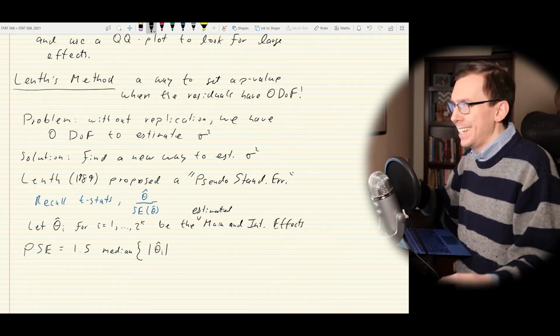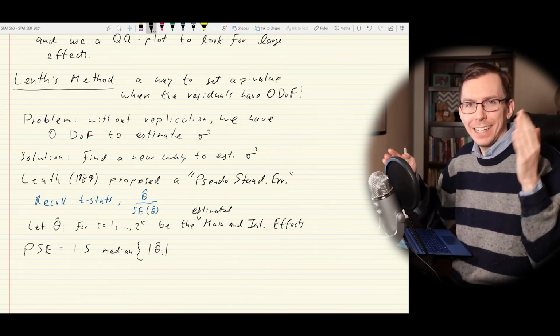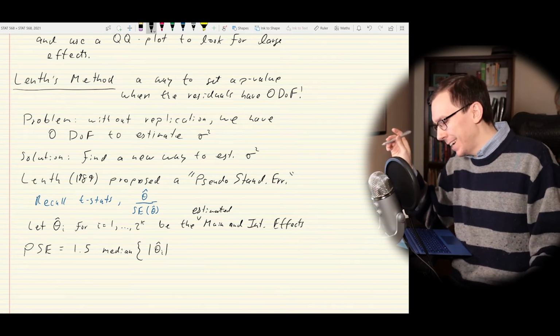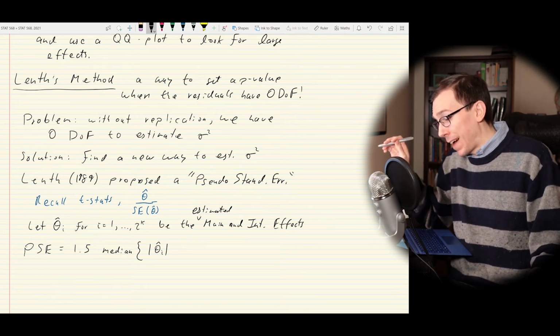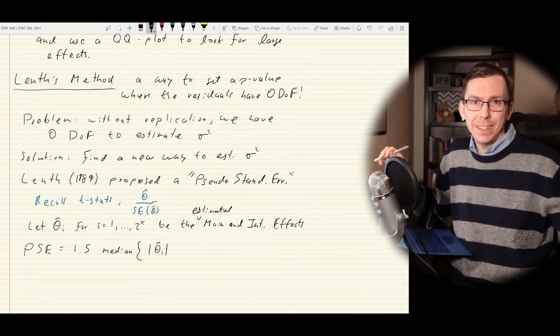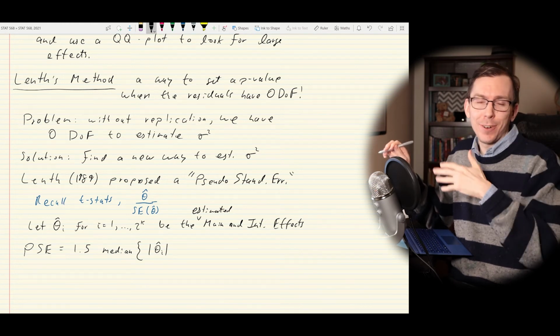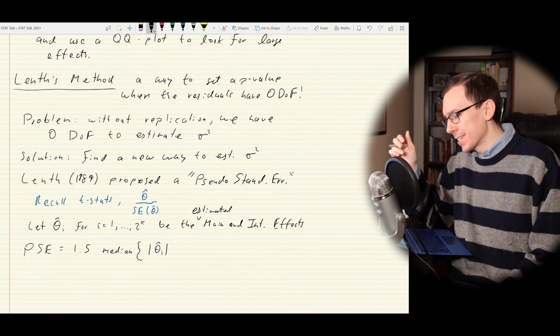So rather than indexing them by some super index, i, j, k, l, whatever, not k, because k is the total number of factors that we're testing, we're just going to say theta hat i is going to be the main effects and the interaction effects from 2 to 3 to 4 to k-way interactions.